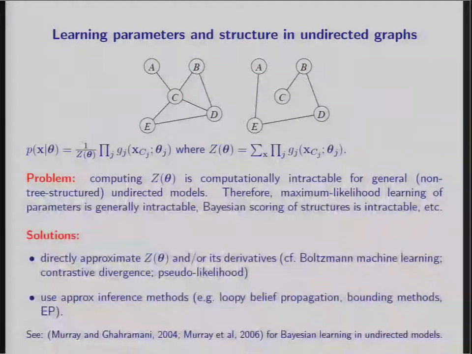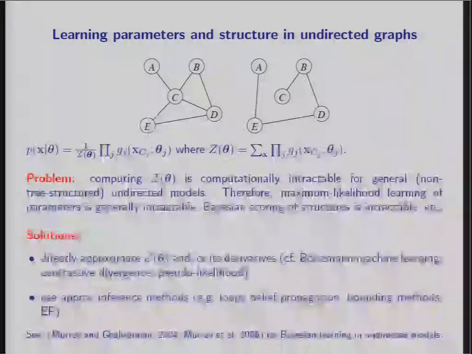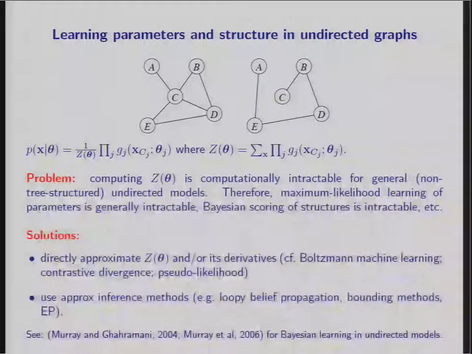Now, in a general undirected graph, computing the normalizing constant is computationally intractable. So what am I talking about? Sorry, just to give some terminological links to people. When I talk about undirected graphs, I also mean Markov random fields, conditional random fields, Ising models, a lot of these things that you may be familiar with.